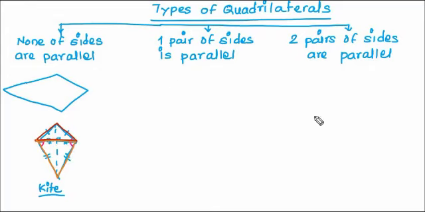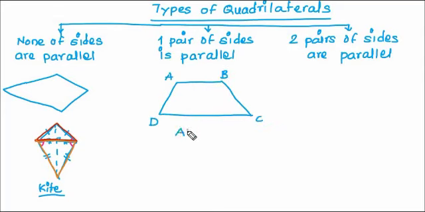Now let's talk about quadrilaterals which have one set of sides parallel. Here AB is parallel to CD, but BC is not parallel to AD, and this is called a trapezium. What are the special properties of a trapezium?